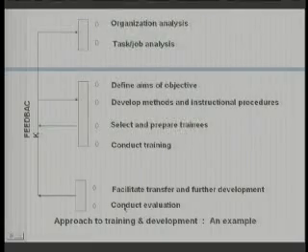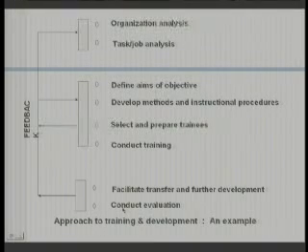In each training this was the evaluation, and we can design the evaluation process again in terms of taking feedback from various participants. Okay.